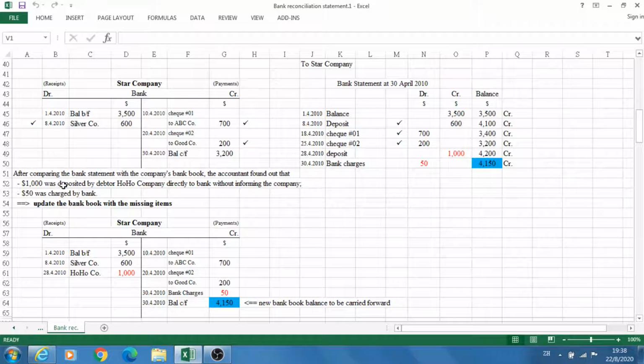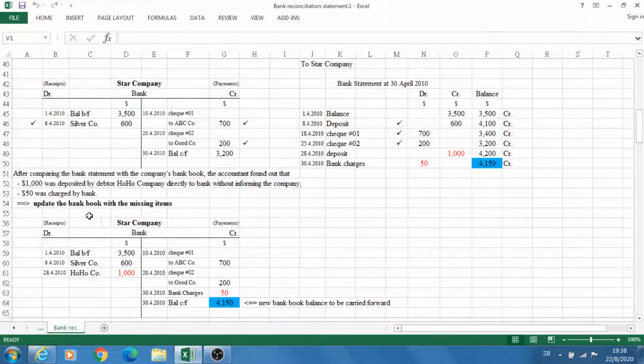After comparing the bank statement with the company's bank book, the accountant found out that $1,000 was deposited by debtor Ho Company directly to bank without informing the company. $50 was charged by bank.